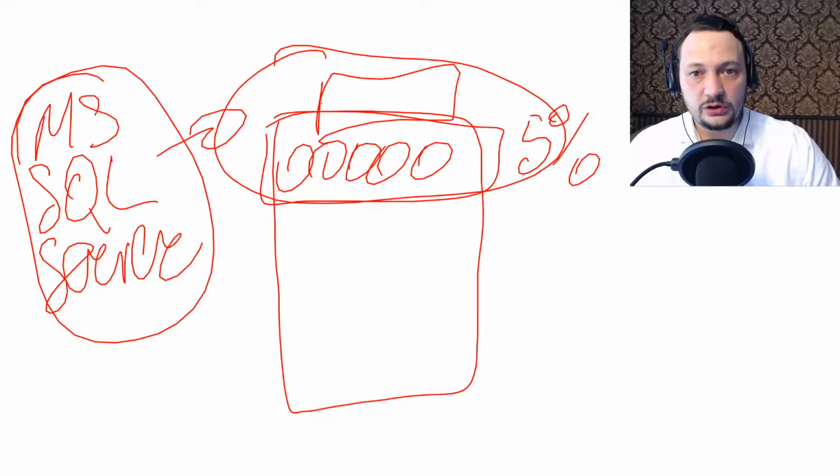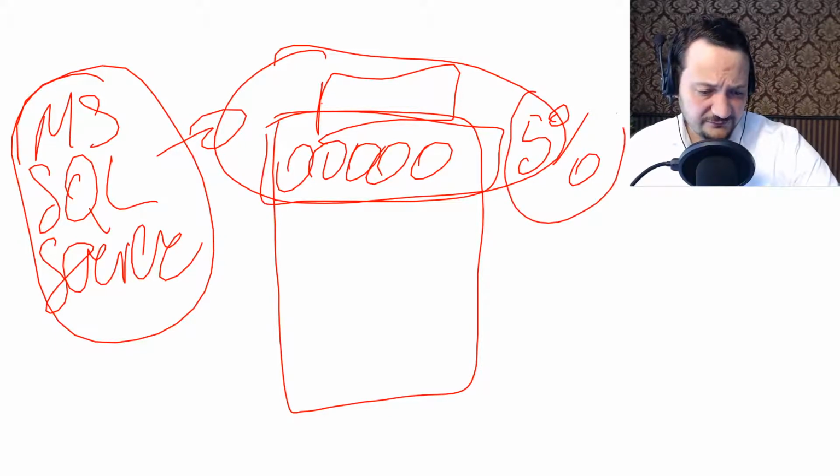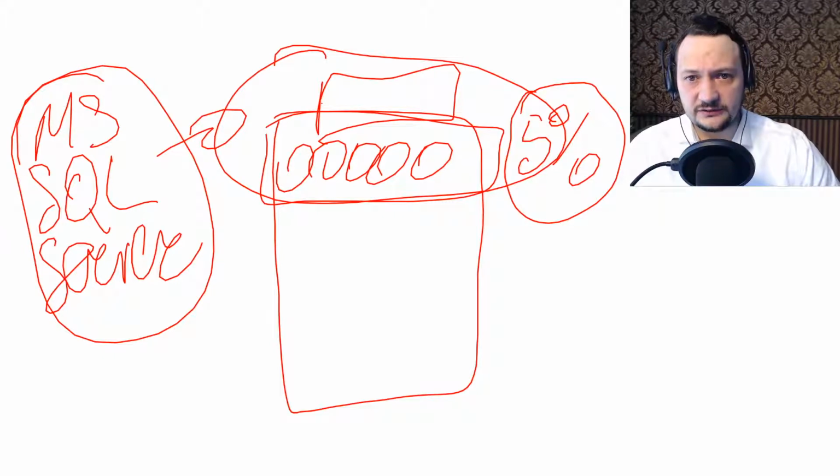It should work alone because we need some specific environment for this MS SQL Server. So as you can see, 5% of utilization of the server is not a very good number.